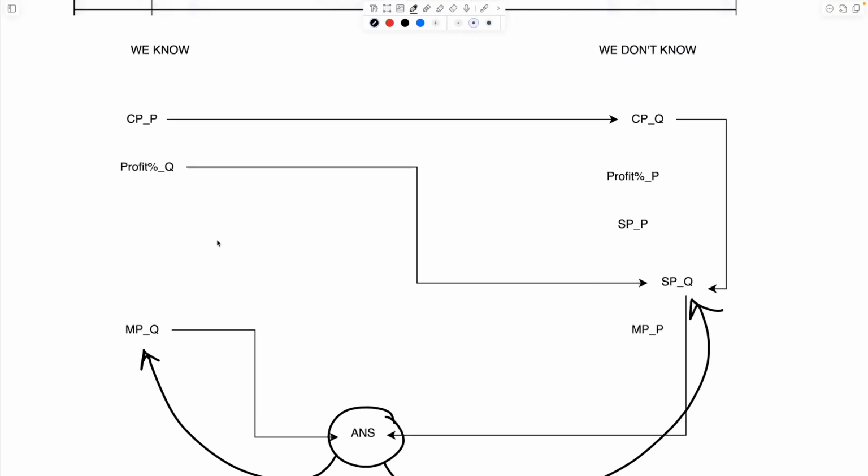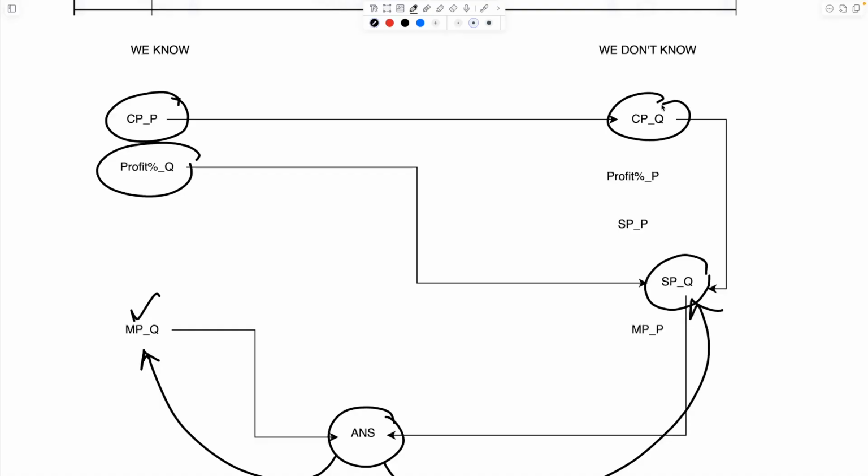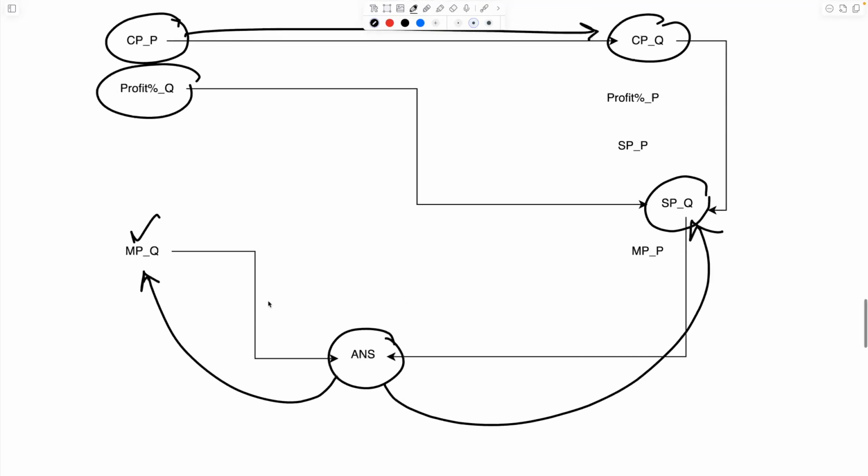Now market price we already knew, the selling price we knew depended upon your profit percentage and cost of Q actually, and the cost of P could be used to calculate cost of Q given the ratio that was given to us, right? So from this, in this order, we were able to find cost of Q. From cost of Q and profit percentage of Q and the relationship that was given, we were able to find the selling price of Q, and from selling price of Q and the market price of Q, we were able to find the answer, right?